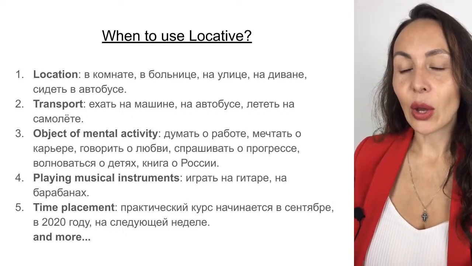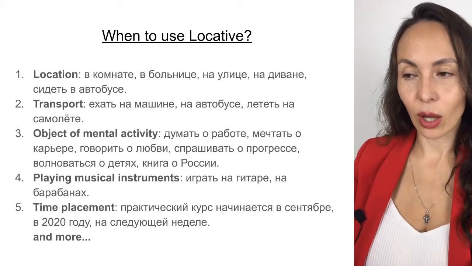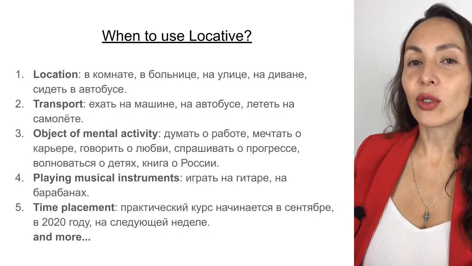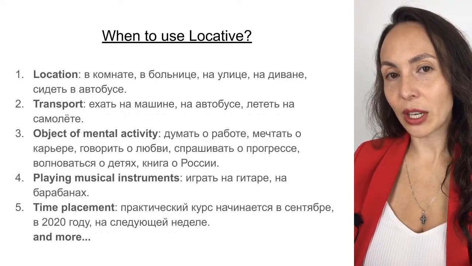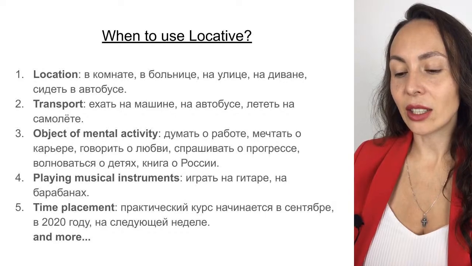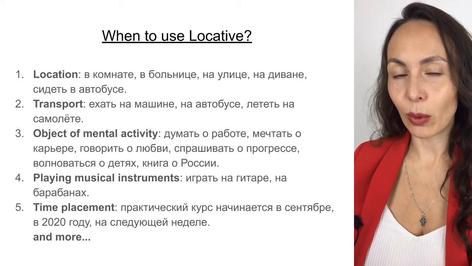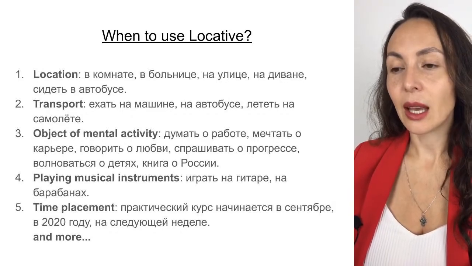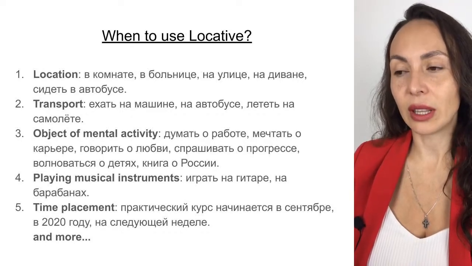So, when do we use the locative case? I regrouped all the situations, and there are 5 basic ones. There are more than 5, obviously, but I wanted to give you the main idea of the locative case.